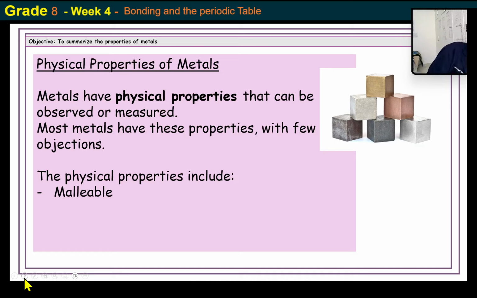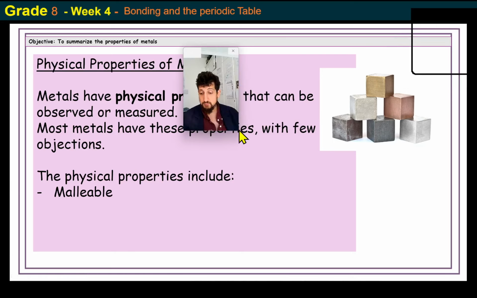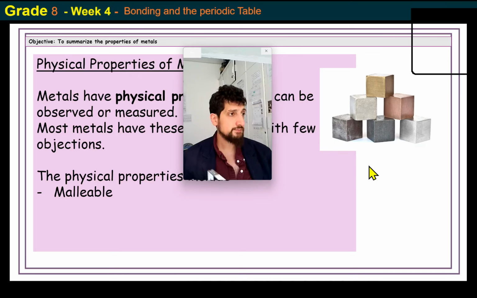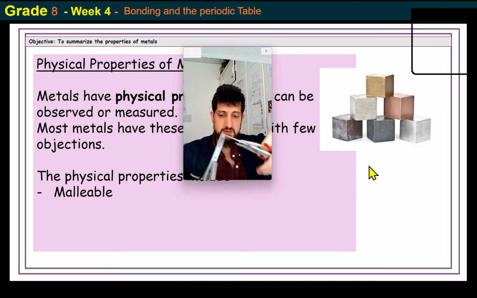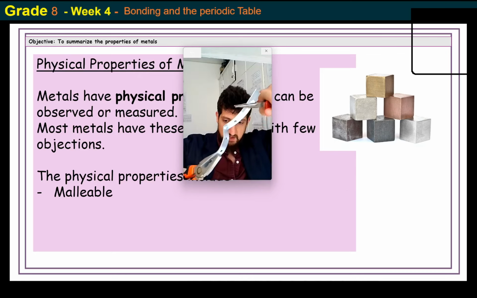Let's have a look. Can metals be hammered into shape? Is this true? Here's a metal. I have a metal with me right now. That's a bracket, an L bracket. Let me make my face bigger. Now, look what happens. I can bend it.